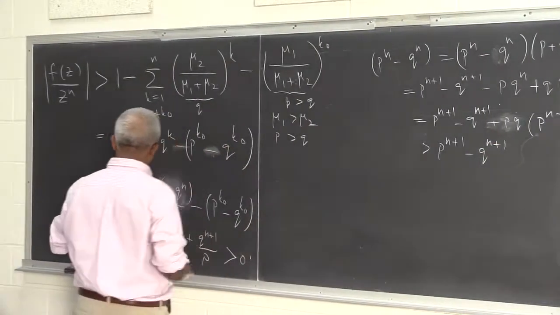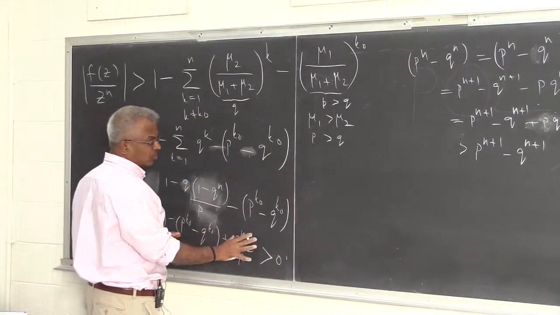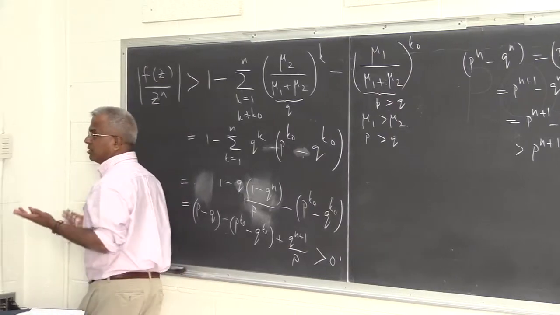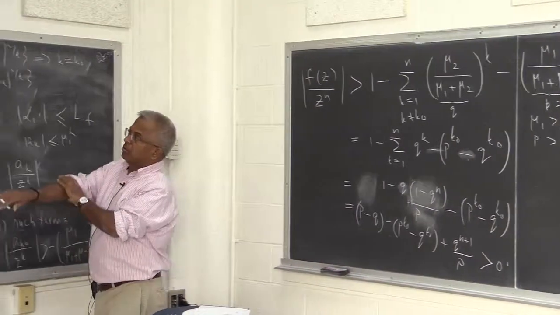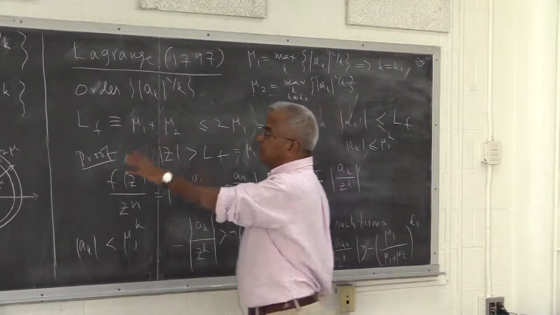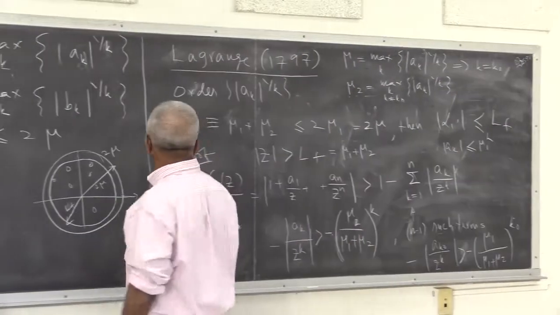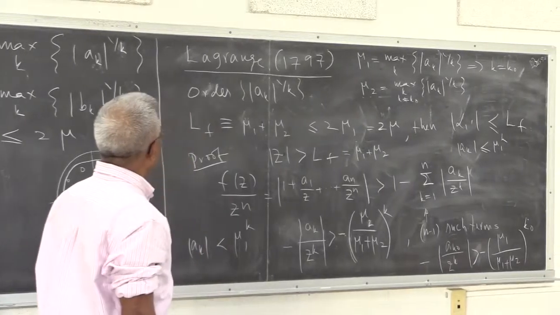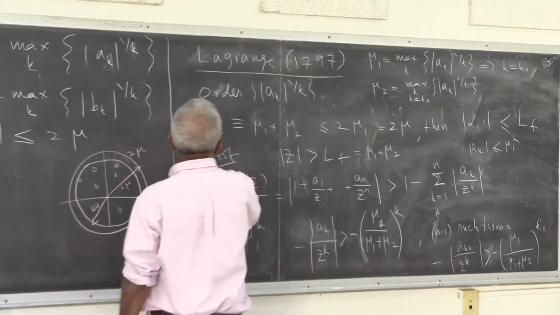So that means this quantity is greater than this. This is positive, so the whole thing is positive. So the bottom line is, coming back to Lagrange's result, that this is a tighter bound, which is this one.